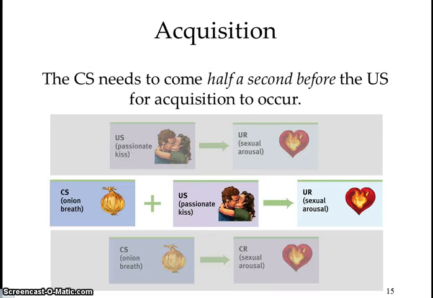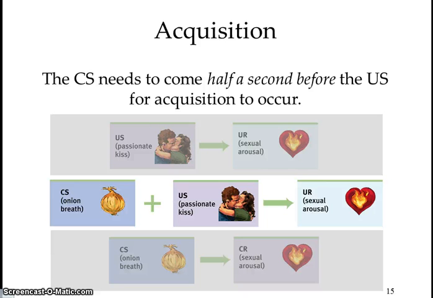So with acquisition, the conditioned stimulus needs to come half a second before the unconditioned stimulus for acquisition to occur. The unconditioned stimulus, the passionate kiss, leads to an unconditioned response of sexual arousal. So you kiss, it's leading up. Now, let's throw in onion breath. The conditioned stimulus, onion breath.